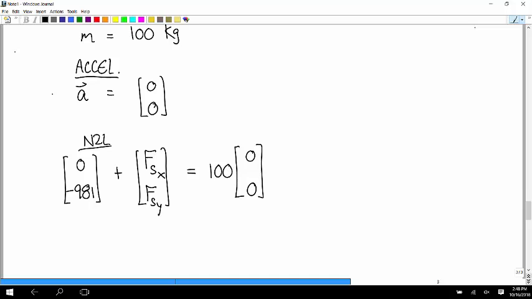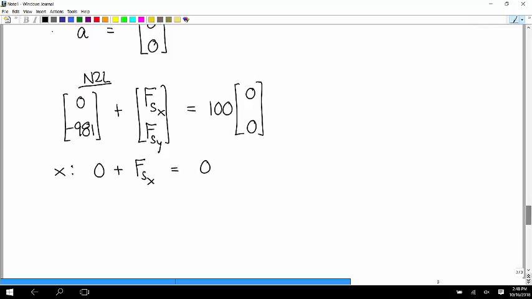And you can break this up into an x and a y equation. The x equation says 0 plus FSX is equal to 100 times 0, so equal to 0. The y equation says negative 981 plus FSY is equal to 100 times 0.